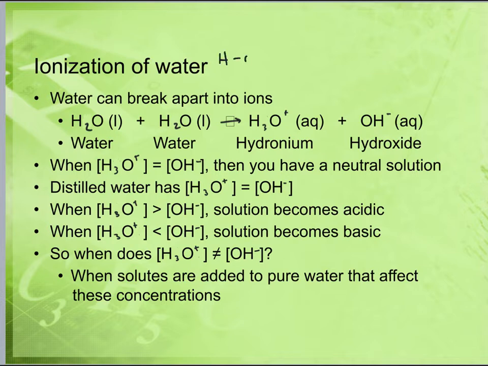So what happens is two water molecules next to each other. Water is actually in the arrangement HOH. It looks like that. But what will happen spontaneously and only every once in a while is that one hydrogen from this water is going to detach and attach itself onto the oxygen of this other water molecule.